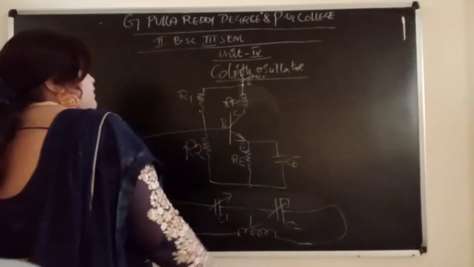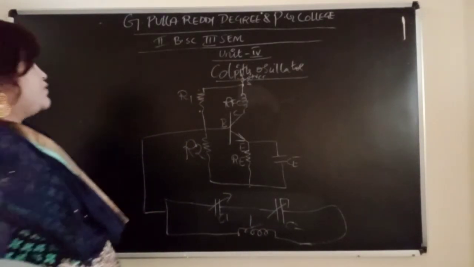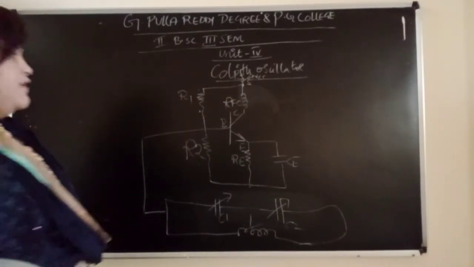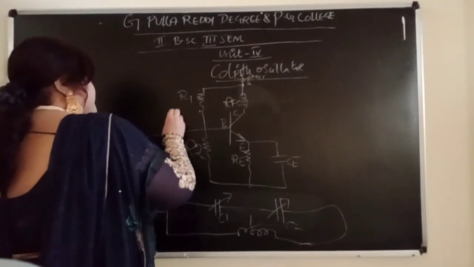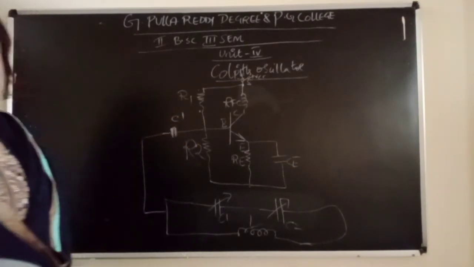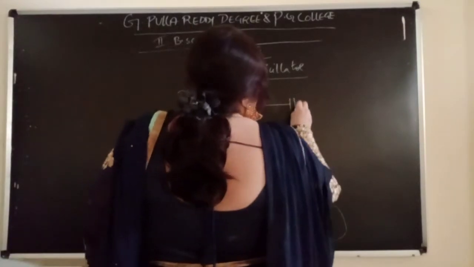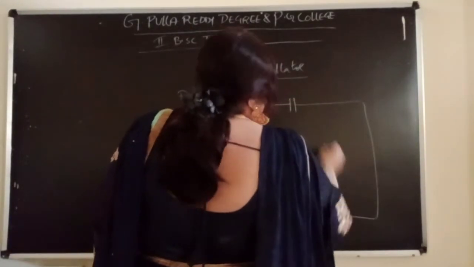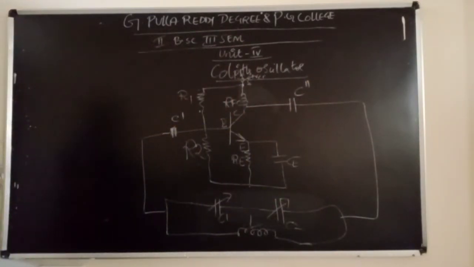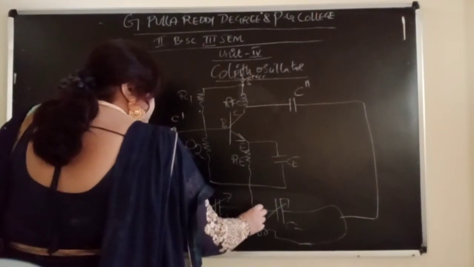Then you have taken the switch and the RFC. Now you have to connect this to one capacitor C dash, the input capacitor, for self bias. And one more capacitor you should take, C double dash, and connect it here. Then this middle part you have to ground.